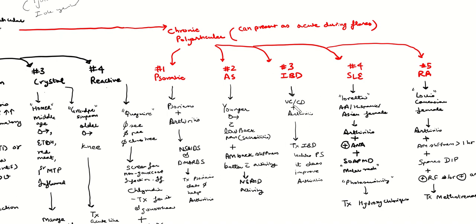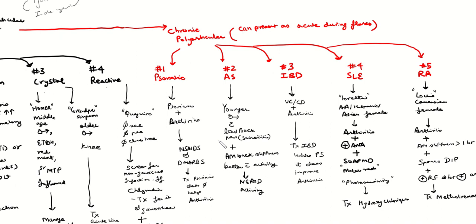So they've got history of ulcerative colitis or Crohn's disease, and then they've got arthritis, which is chronic and polyarticular and inflammatory. You got inflammatory bowel disease spondylitis. Okay. And we treat the IBD or the ulcerative colitis or Crohn's disease, and the arthritis actually gets better. This is different from psoriatic arthritis.